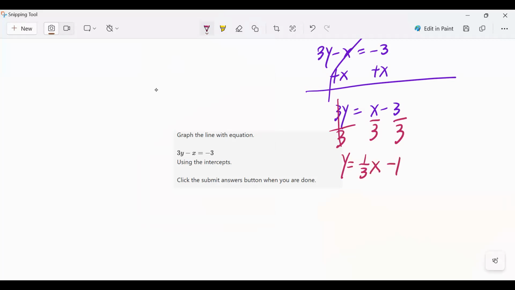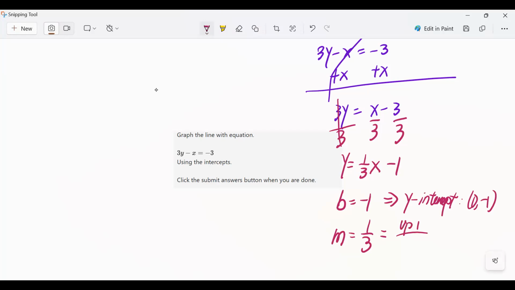Now we get both, right? The y-intercept b equals -1, which means the point x equals 0, y equals -1. And then the slope m equals 1/3. So positive 1 on top means go up 1 unit, and positive 3 on the bottom means go to the right 3 units.